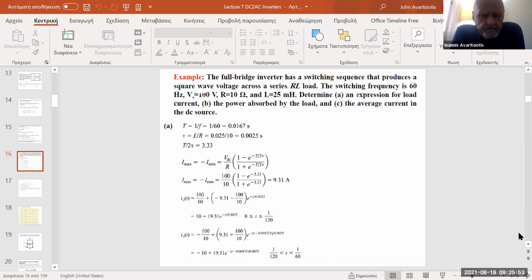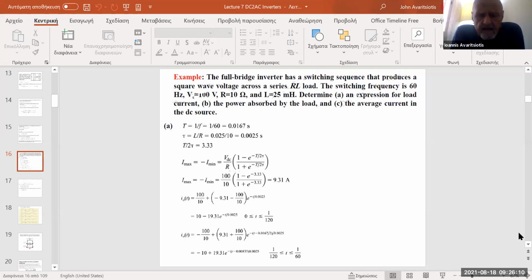And then we have to use the formula we derived for the current as a function of time through the load.